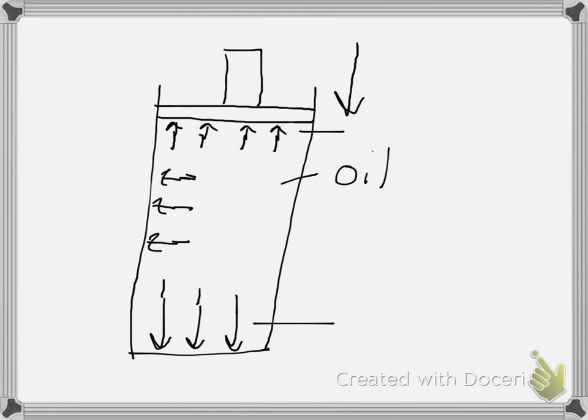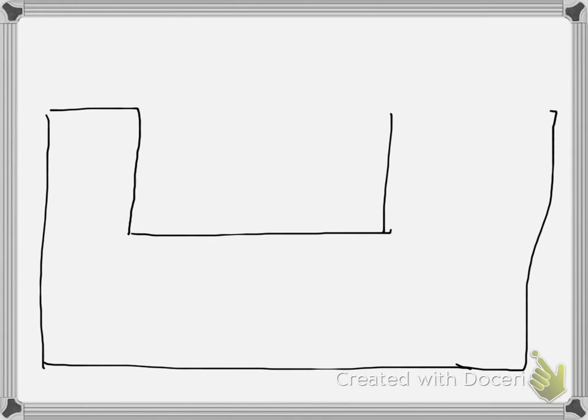Now, how does this enable us to do something useful? Well, now imagine that I have a situation that looks like this. And in fact, let's make this side a little bit smaller.